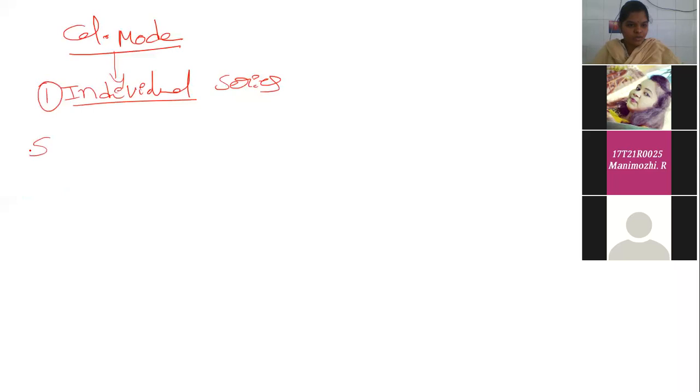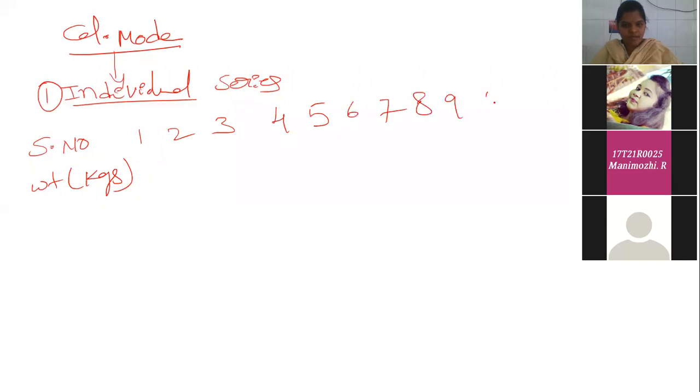Just take down serial number and weight in kgs. Under serial number, write from 1 to 10. The weights are 10, 11, 10, 12, 13, 11, 9, 8, 11, and 11.